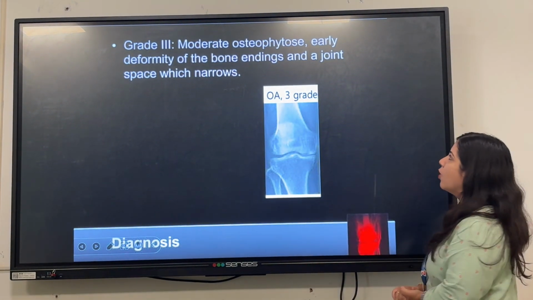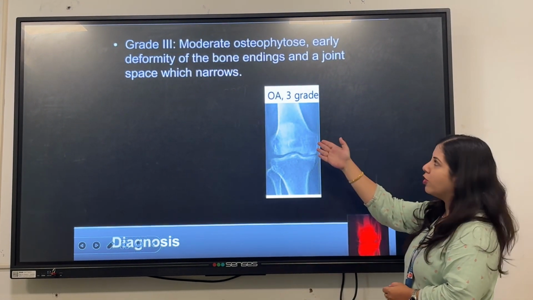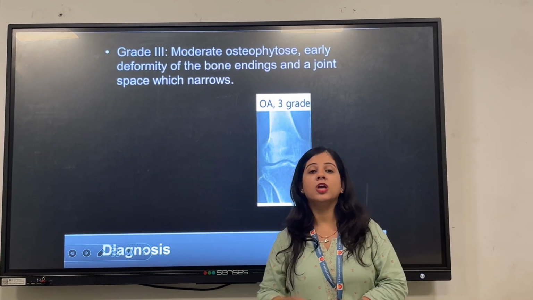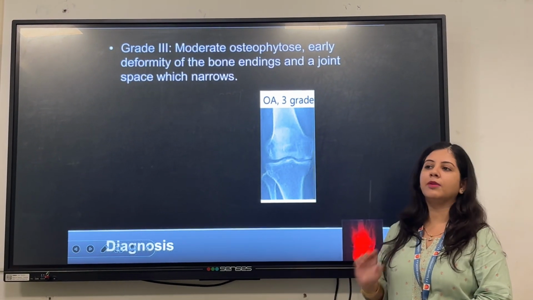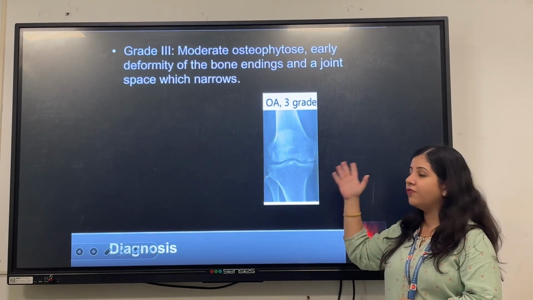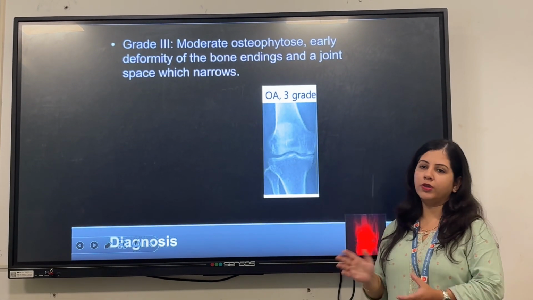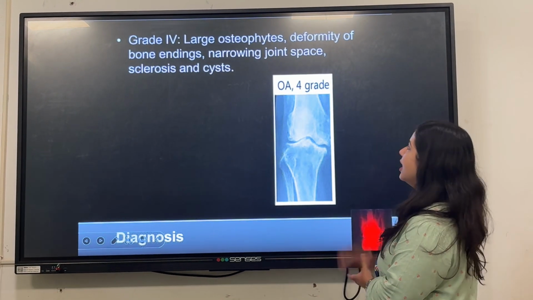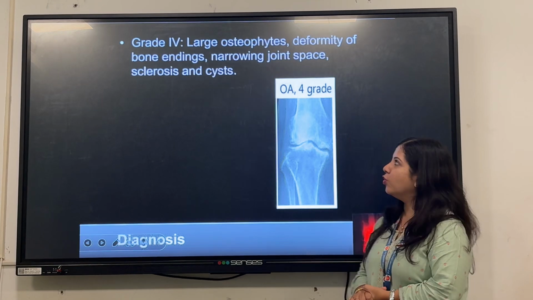Grade 3 is moderate osteophytes, early deformity of bone endings, and the joint space starts narrowing. Generally in your clinical practice you will see grade 3 OA in X-ray, where you can find narrowing of the joint spaces. And here comes grade 4 of OA.